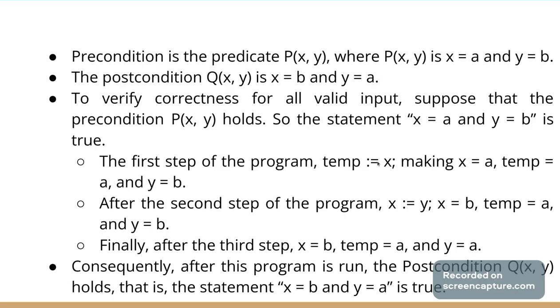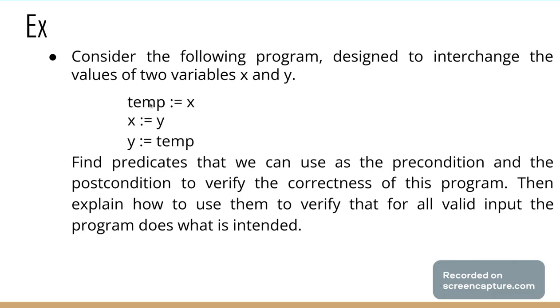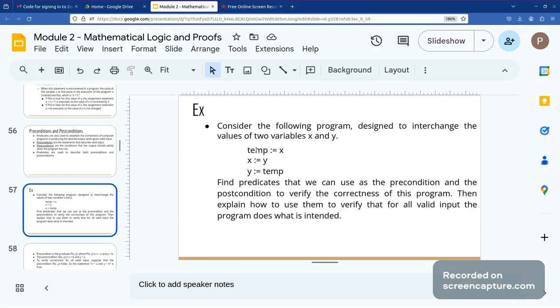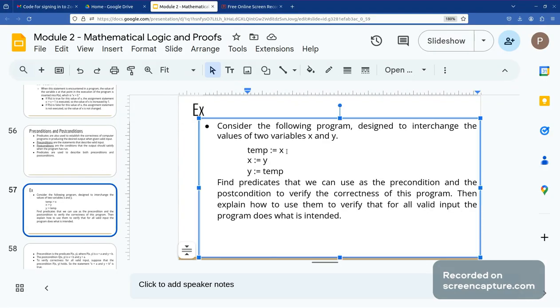Now let's look at the correctness. It's very simple. Just look at each statement in this particular code. We already know that the first value of x is A and the first value of y is B. So when I execute this statement, the value of x is assigned to temp.